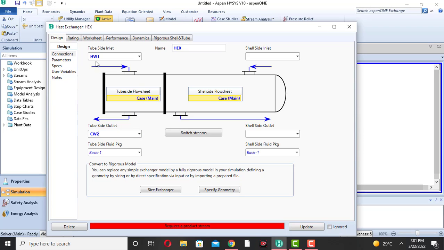So the hot water is entering and the cold water is coming out. This is the hot water in the tube.